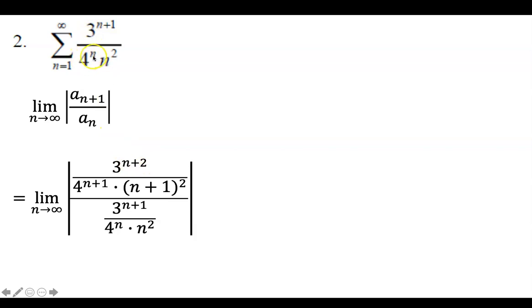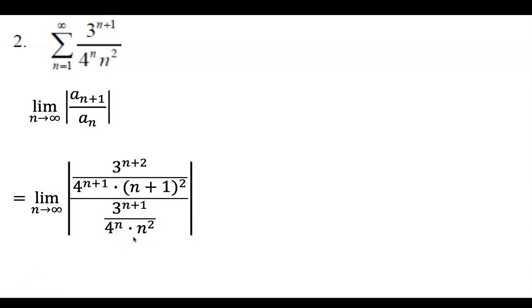And then over 4 to the n becomes 4 to the n plus 1, and then n squared becomes n plus 1 squared. So this top part right here makes my a_(n+1) term, over the original, what we had in our original problem: 3 to the n plus 1 times 4 to the n times n squared.